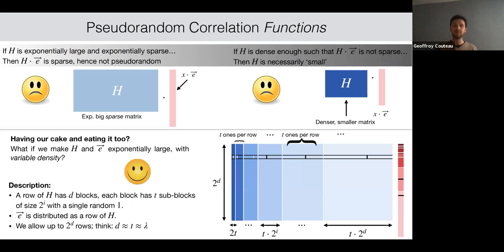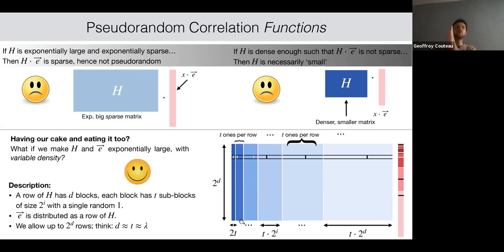So to get the best of both worlds, the trick we use is to study what happens if we make the matrix H variable density. So now we look at a variant of LPN, which we call the variable density LPN assumption, where the matrix H is exponentially big and the noise vector is exponentially long. Then the first, say, 2t rows of the matrix, where t is some parameter, think of it as some security parameter, are very dense.